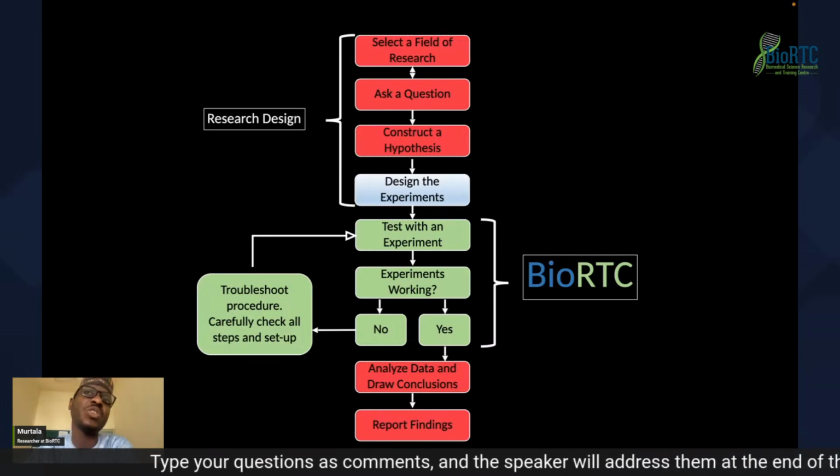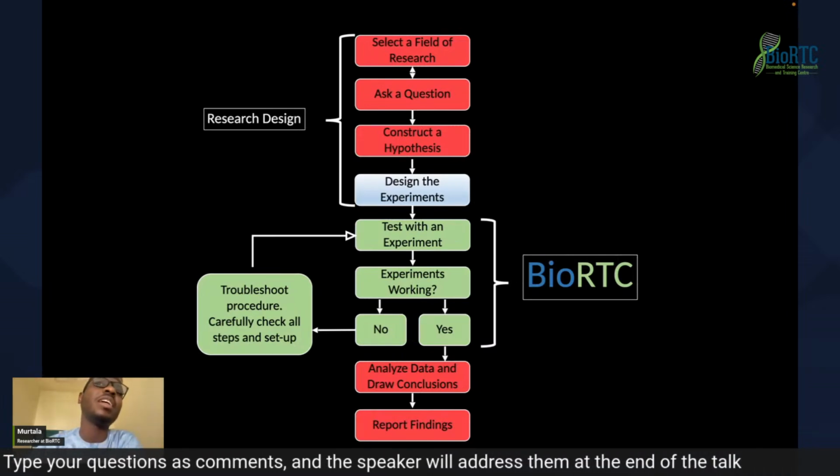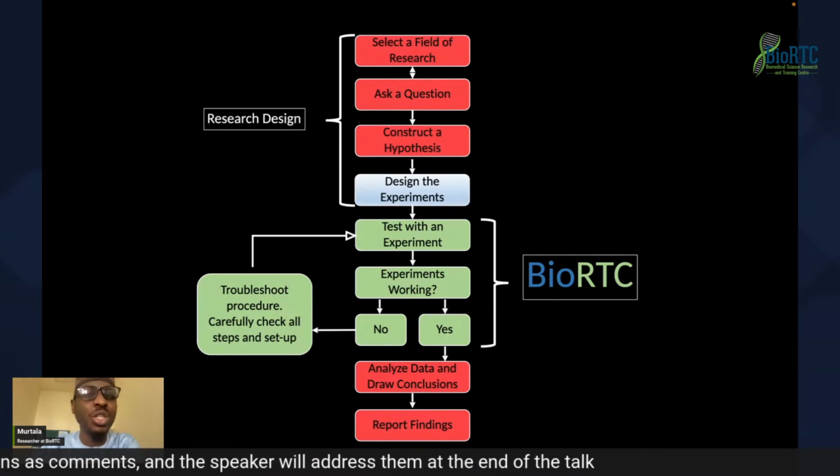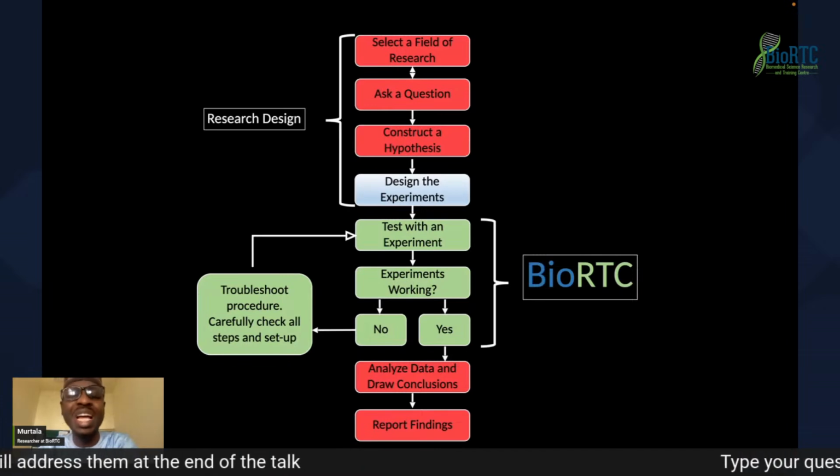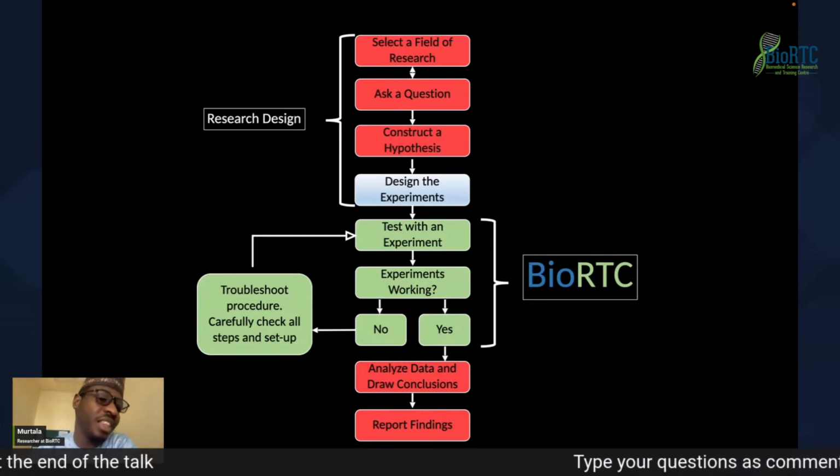Just because you have a research topic doesn't mean that you are ready to start experiments. You need to ensure that you have a comprehensive idea about what you want to do, down to the last reagent that you need.